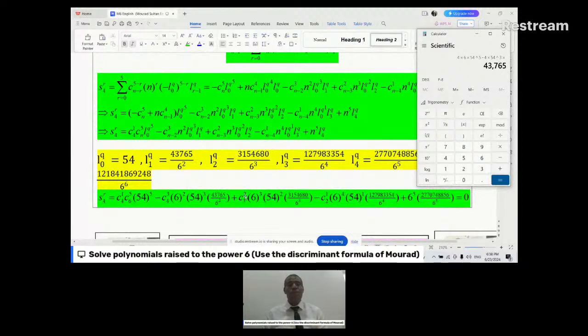Now, combination 3 choose 2 is 3. There is a plus, so I will make it plus. Plus 3 times, you see, 6 cubed divided by 6 cubed will be cancelled out. I will just write the square of 54. Plus 3 times 54 squared, times 3,154,680.